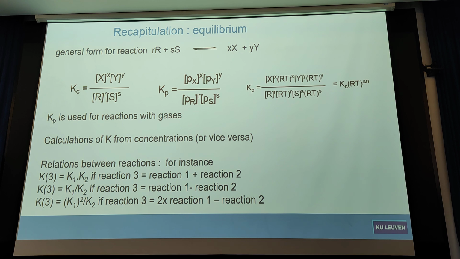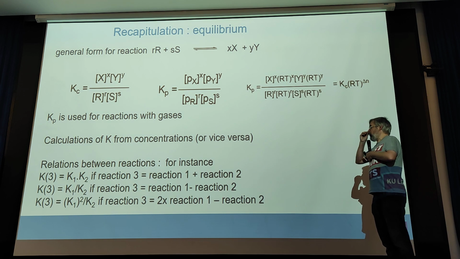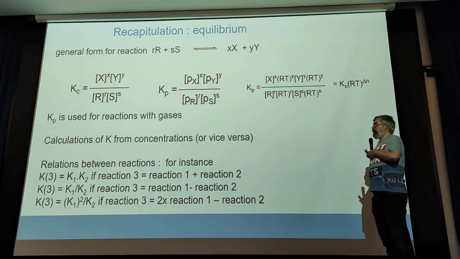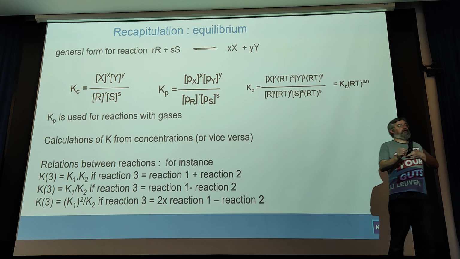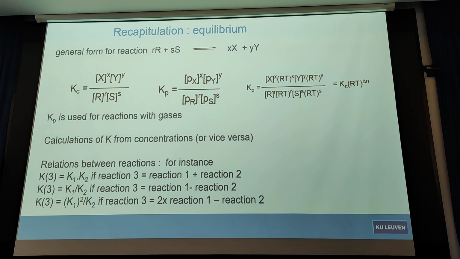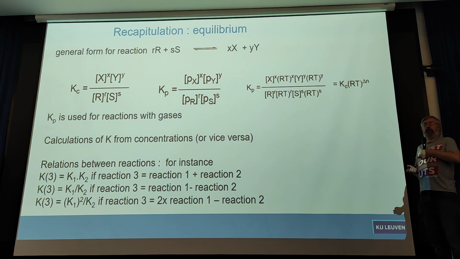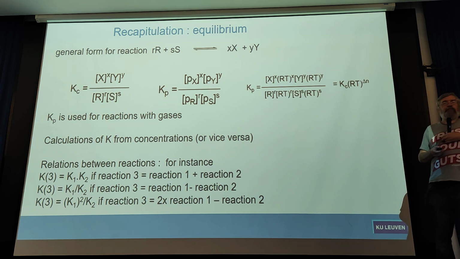When a certain reaction is used more than one time, maybe 2 times, we need an exponent to express that. So for instance, if reaction 3 is 2 times reaction 1 minus reaction 2, then we actually will have the square of K1 divided by K2. And this is all the result of the logarithmic relation between the free energy and the equilibrium constants.